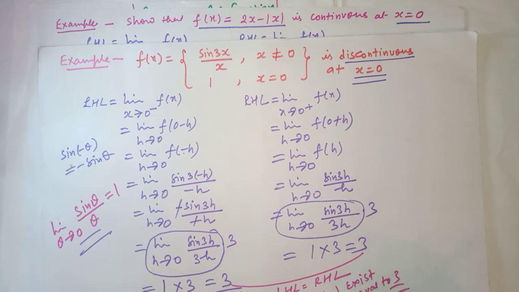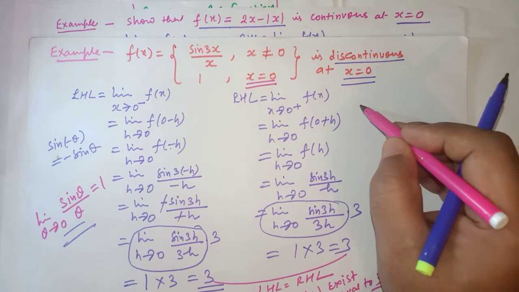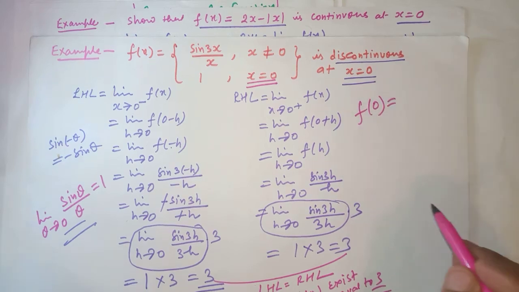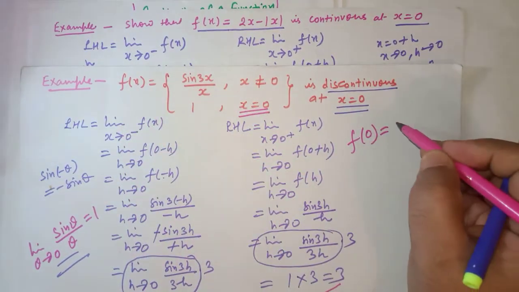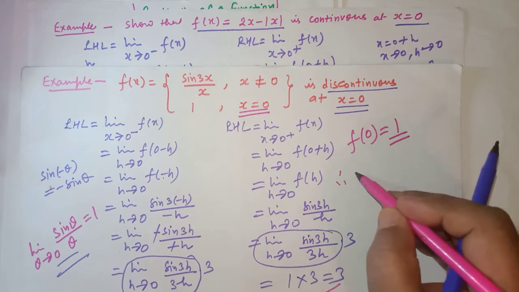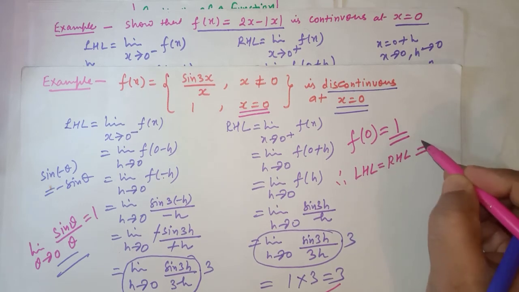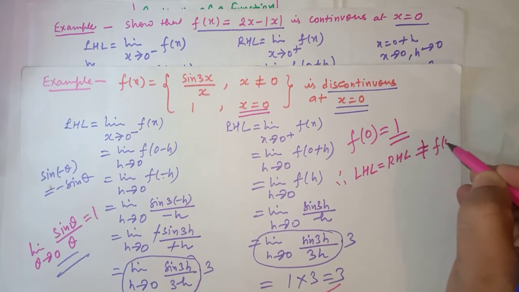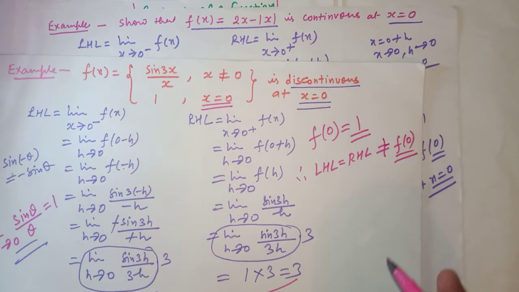Clear? But here we see, and this is an important thing, that for x equal to 0, f of 0 is 1. So therefore left hand limit is equal to right hand limit, but they are not equal to the value of the function at x equal to 0. Clear?